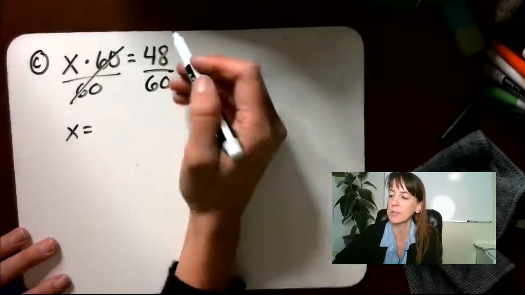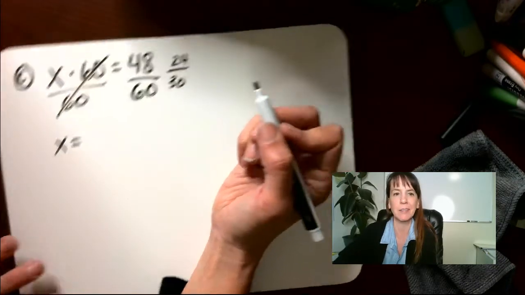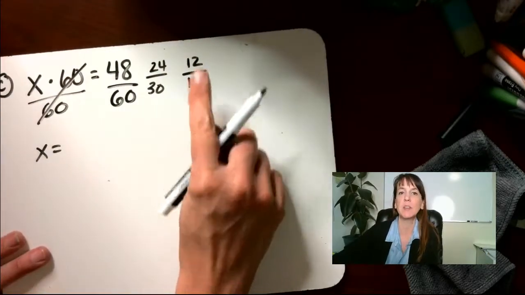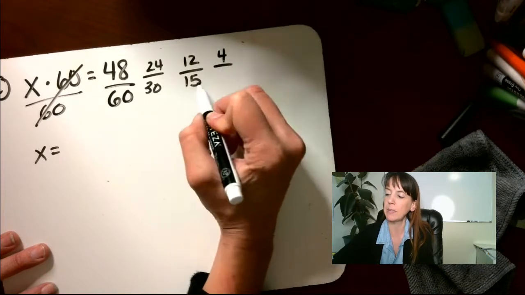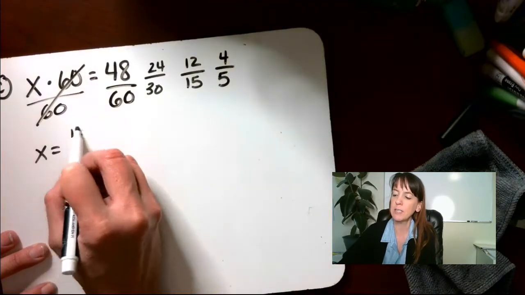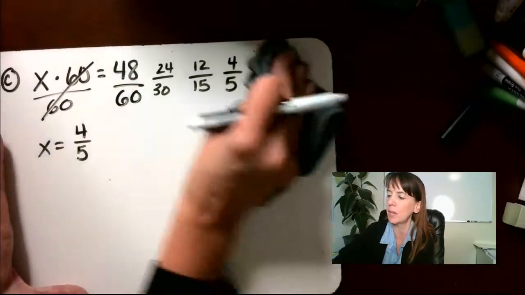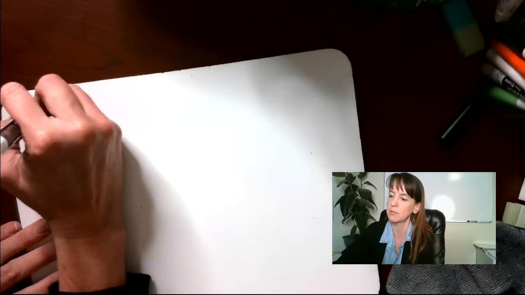At the very least, we can cut those in half, and we get 24/30. We can cut those in half again. We get 12/15. Now, we can't cut 15 in half, but those are both divisible by 3. Divide that by 3, we get 4. Divide that by 3, we get 5. So the fraction is 4/5. Get quick about reducing your fractions, because you're going to do that from now until forever.